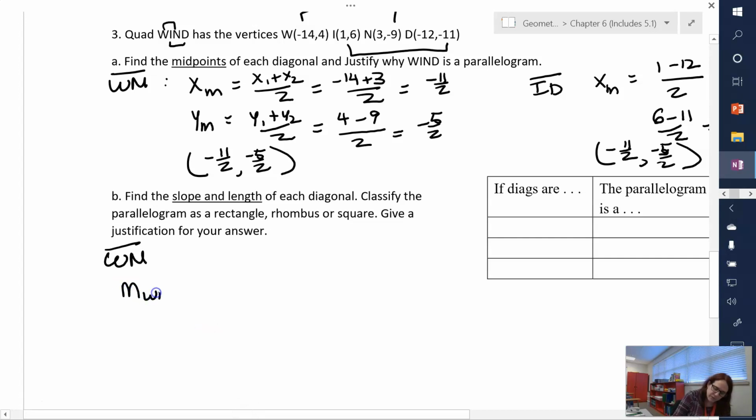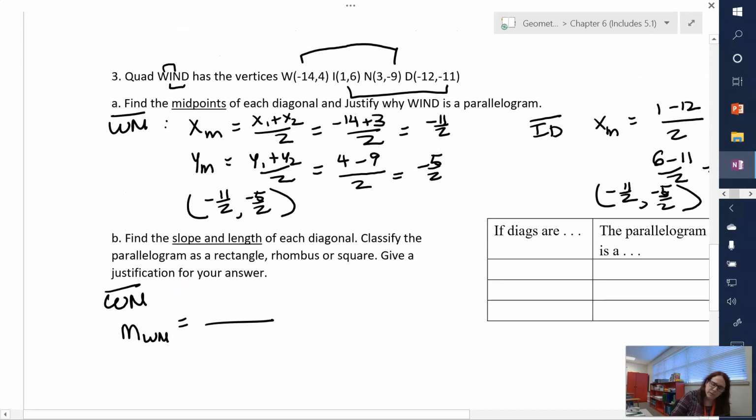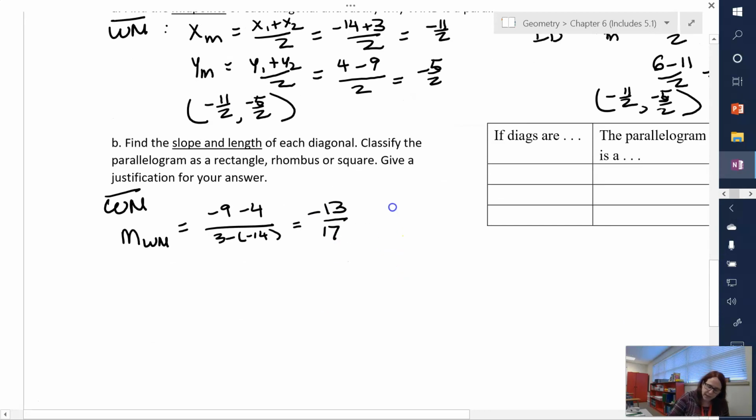So slope of WN, so W and N. y minus y1 over x minus x1. 3 minus a negative 14. I get negative 13 over 17 for the slope of WN. Let's get the length.